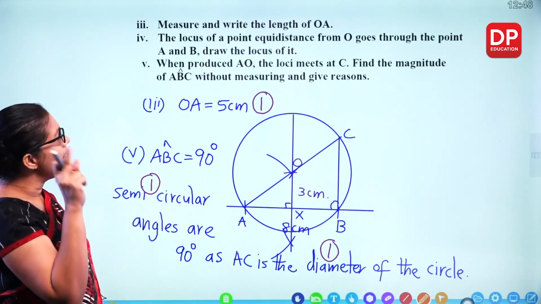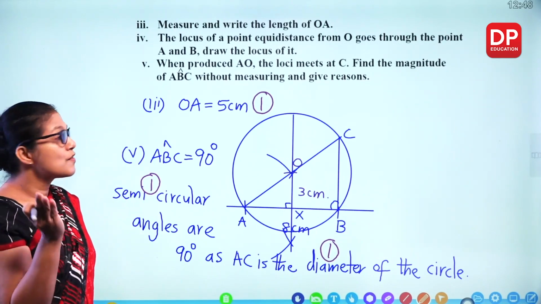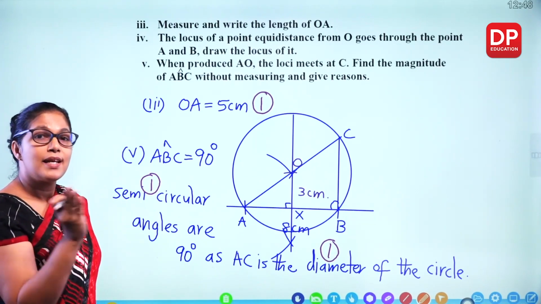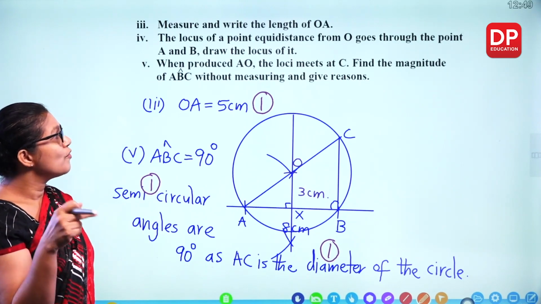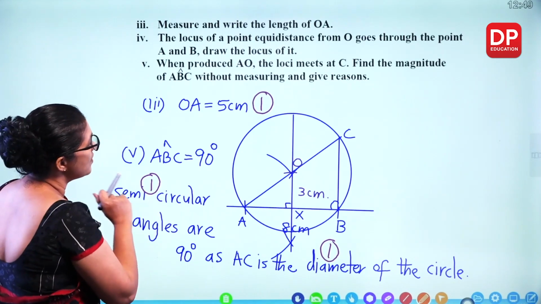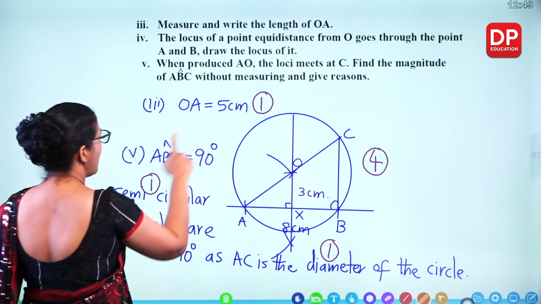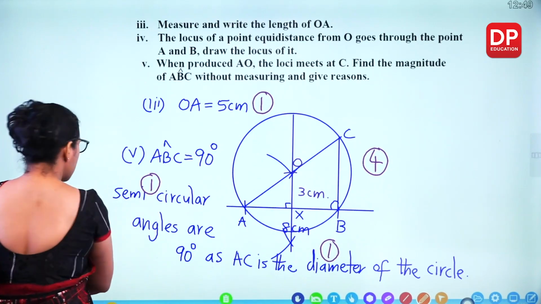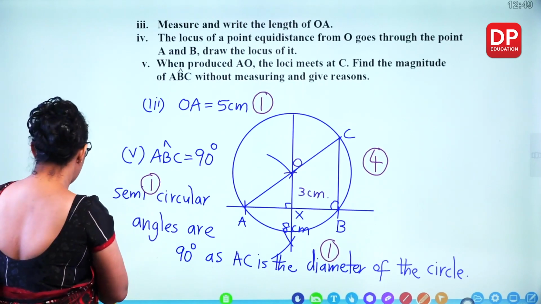And the next one you are doing in grade 11, equidistance from a line, that's a parallel line to that. So you are doing in next year. So this one 4 marks you are getting, 4, 5, 6, 7 and 3 marks. That's 10 altogether.